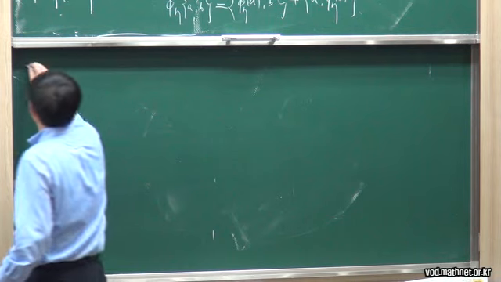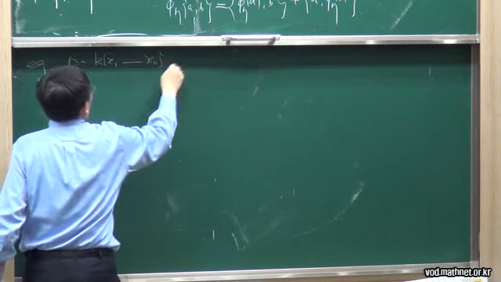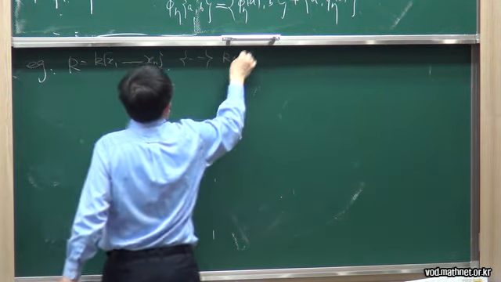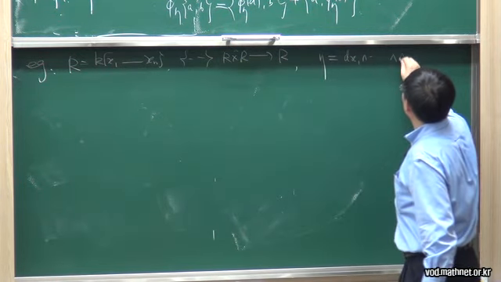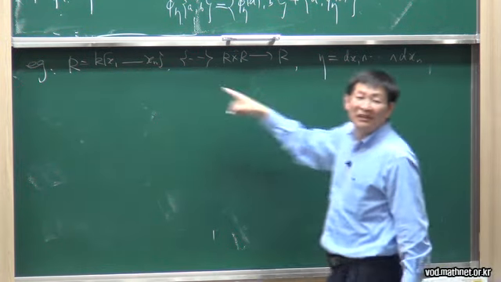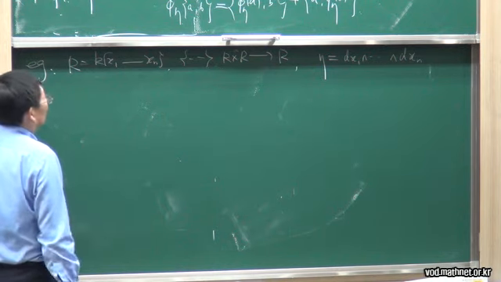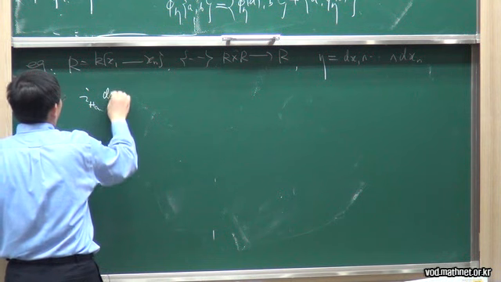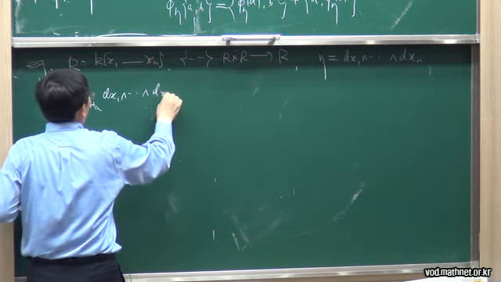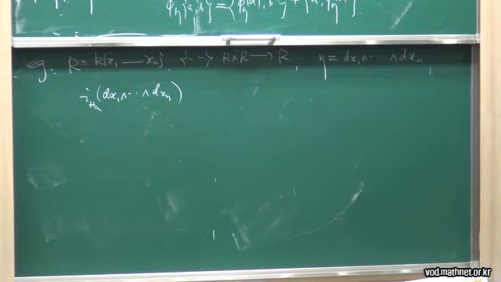Say R is the polynomial Poisson algebra with a Poisson product like this, and we take the volume form like this, dx1 to dxn. This is a volume form, and we can find IHA eta of dx1 to dxn. This is defined by the shuffle product, but P is equal to 1.